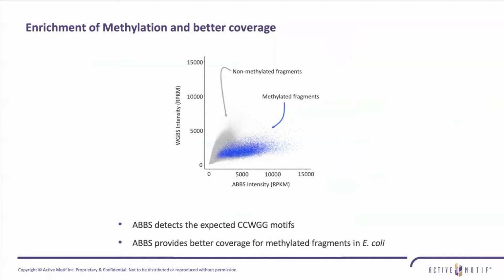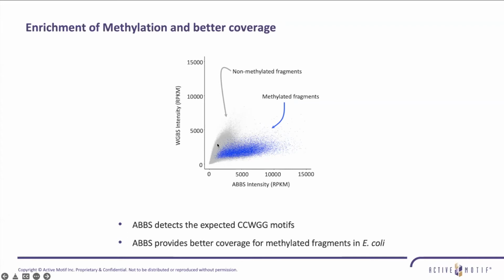Next, we looked at the enrichment of methylation and the coverage. What you can see here is a scatter plot with the whole genome bisulfite sequencing intensity in RPKM on the y-axis and ABBS intensity on the x-axis, and two clouds of points. These points are either methylated clusters of cytosines, the ones in blue, or non-methylated fragments.